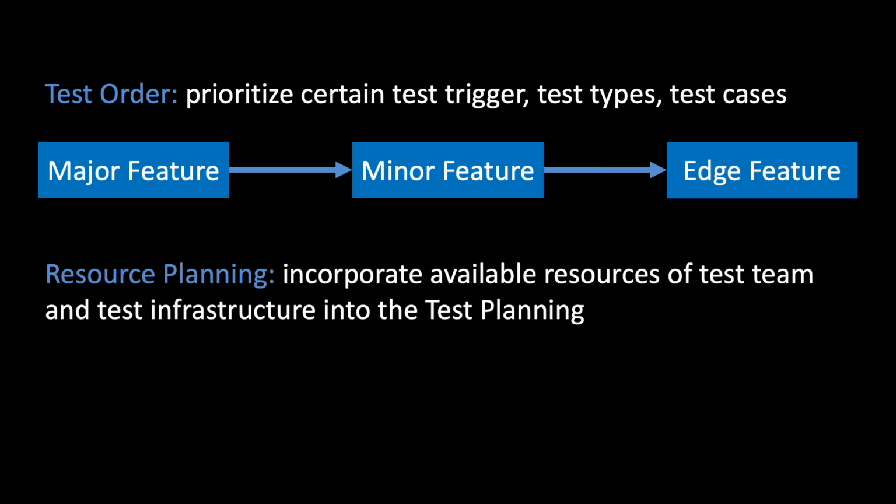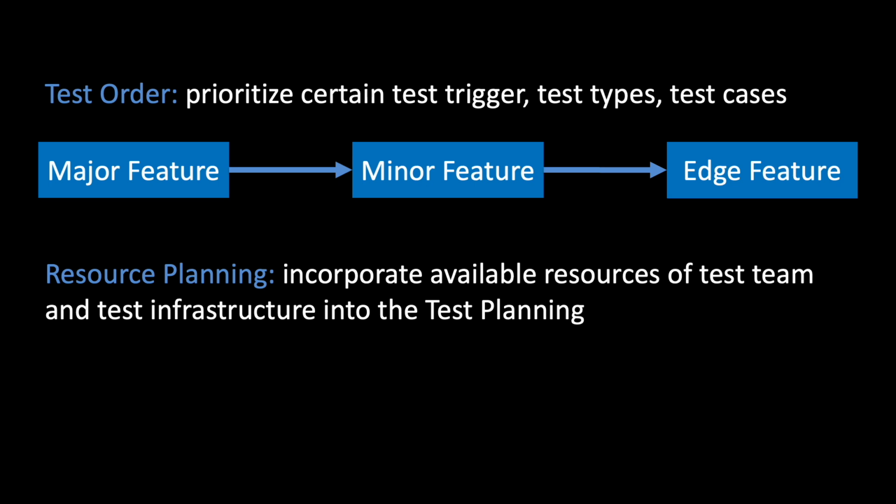Limited resources can be that the test team or the test infrastructure resources are lower than what you would need ideally. The test team may be limited in a way that specific people with skills are not available, or that there's no capacity anymore within the test team in a specific time frame.